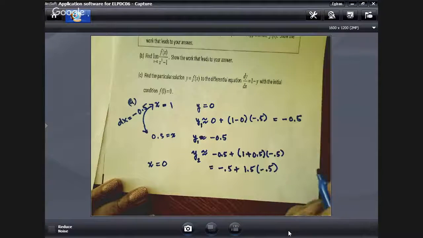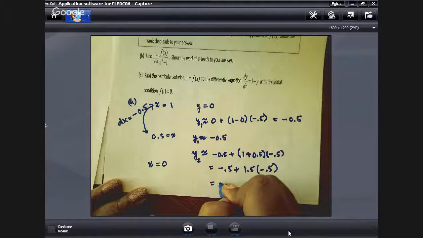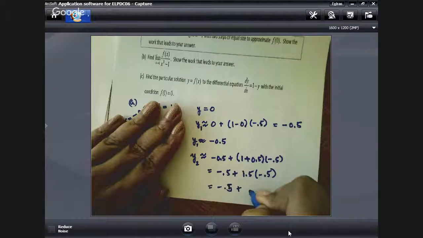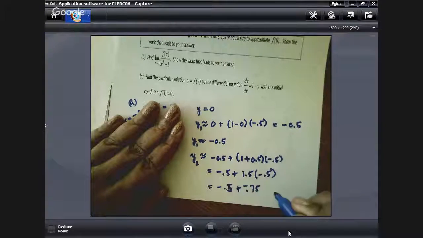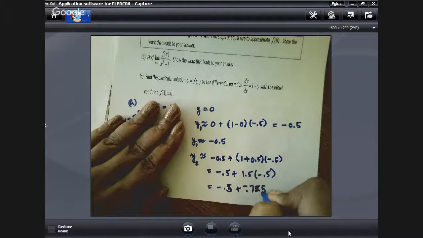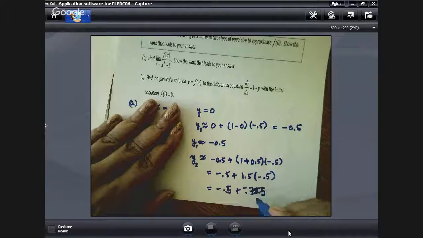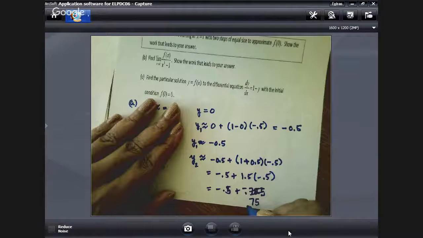And let's see, half of 1.5, that'd be 0.75. So this will be negative 0.5 plus negative 0.75. No, I did that wrong. It's negative 0.75.